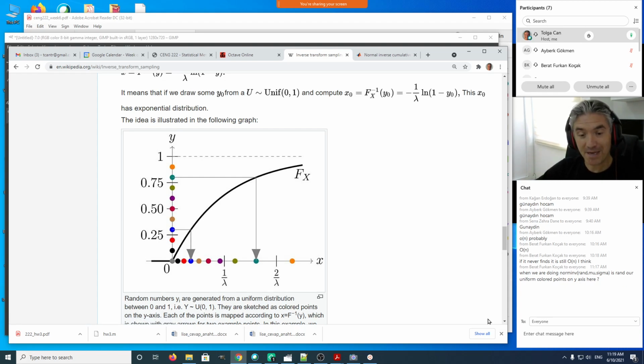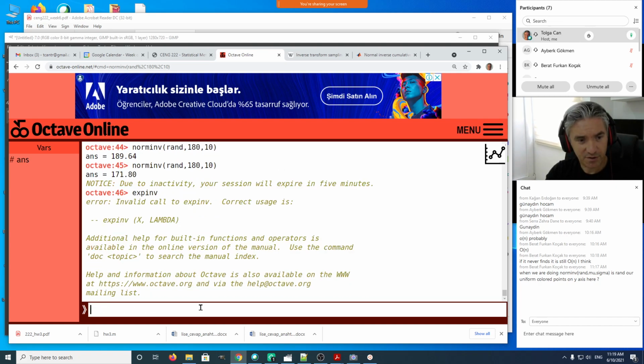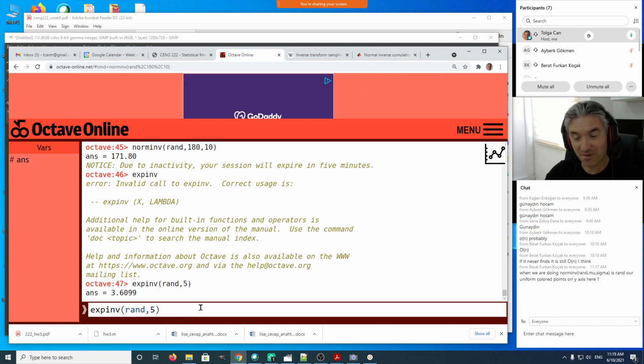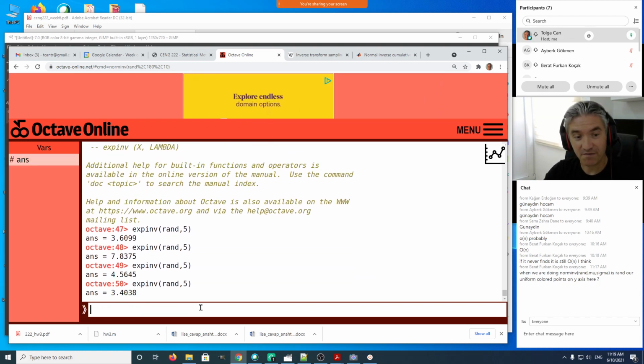If you use norm inverse, I wonder whether we have exp_inv. There may be. So let's see. Exp_inv. Is there such a function? Yeah, there is. X lambda. So rand 5 is a random number that is exponentially distributed with lambda equal to 5.